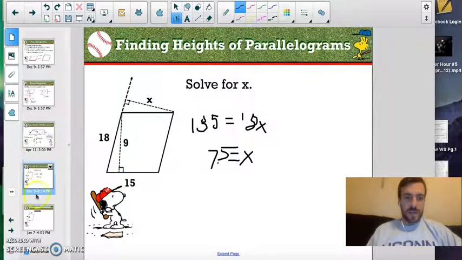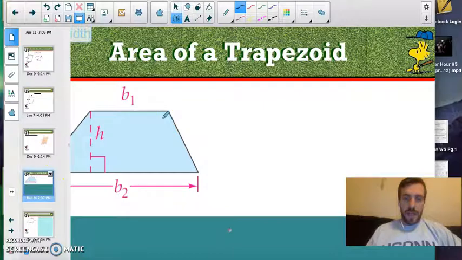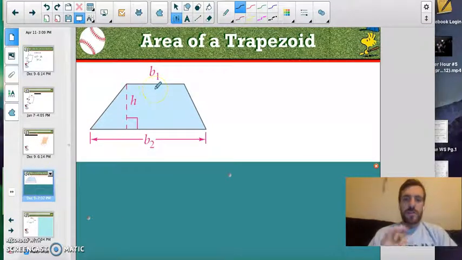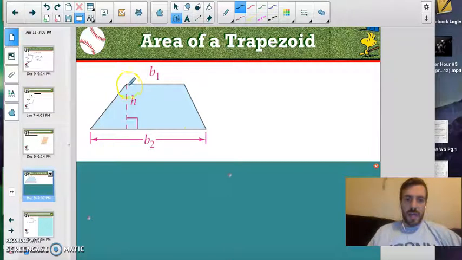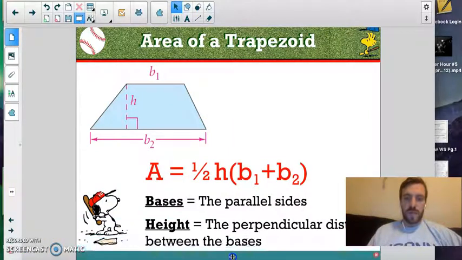Now, moving on to the trapezoid. Area of a trapezoid. Again, what do we know about a trapezoid? A trapezoid has 2 parallel lines, and then it has legs that connect the parallel lines. So let's look. It's 1/2 height.